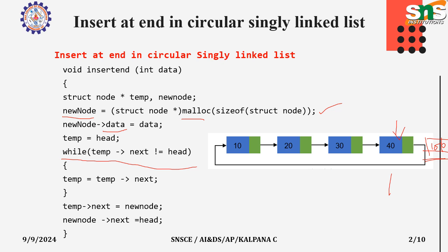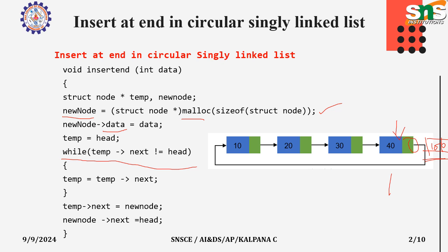How can I identify the last node? With the help of the pointer, which means with the help of the next field. The last node's next field should contain the head address.